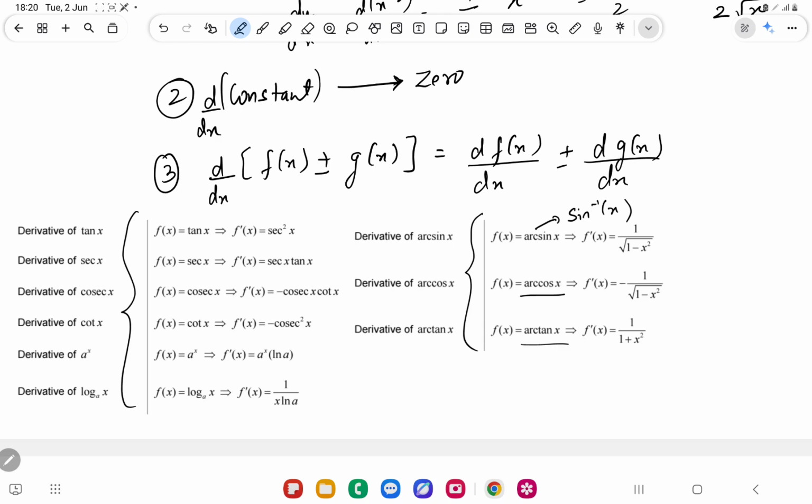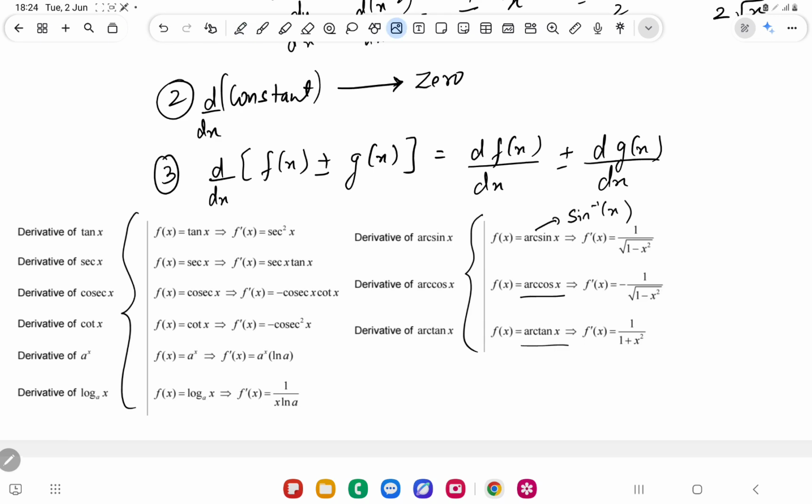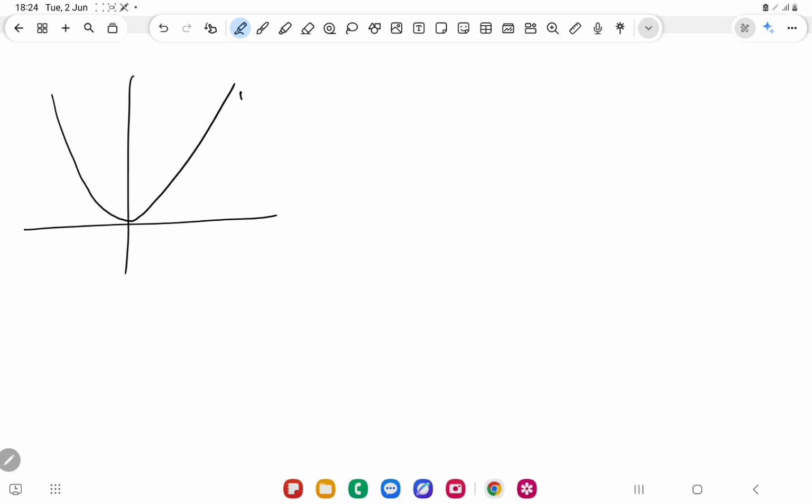Now there are some more formulas. Now let's take an example that I have a curve, let's say like this. So this is y is equals to x square, and I want to find out the slope at this point 1, 1.